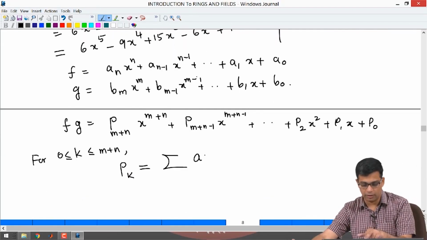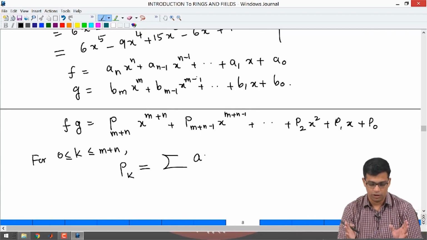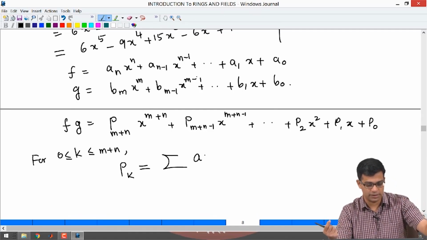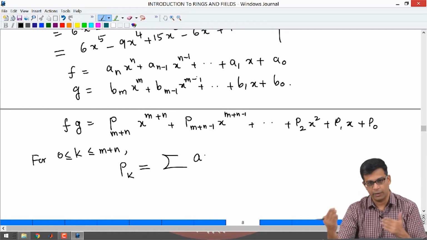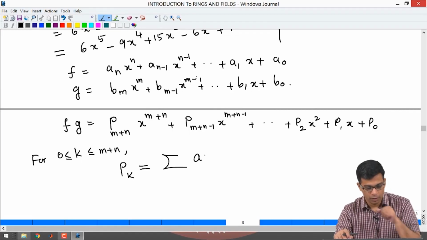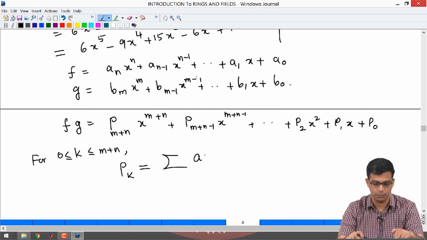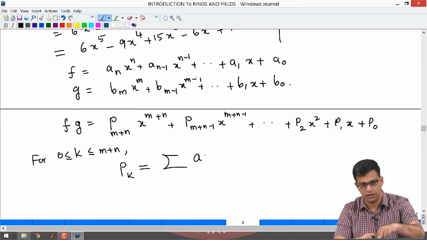In order to get the x^k term in the product, we can multiply two monomials, one in f and one in g, whose degrees add up to k. There might be several such choices. For example, to get x^5, you can multiply the x term in f with the x^4 term in g, the x squared term in f with the x cubed term in g, the x cubed term in f with the x squared term in g, and so on.